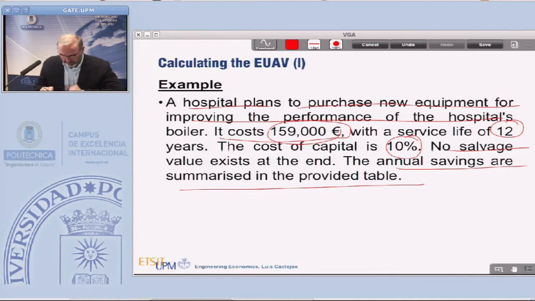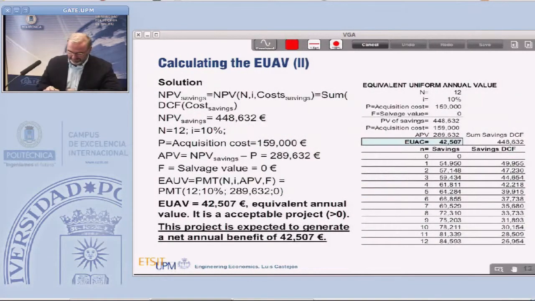We are provided with that table, showing that adding this new equipment to the boiling machine of the hospital will generate these future savings. So we want to know if the purchase of this new part of the machine deserves the future savings we are generating.